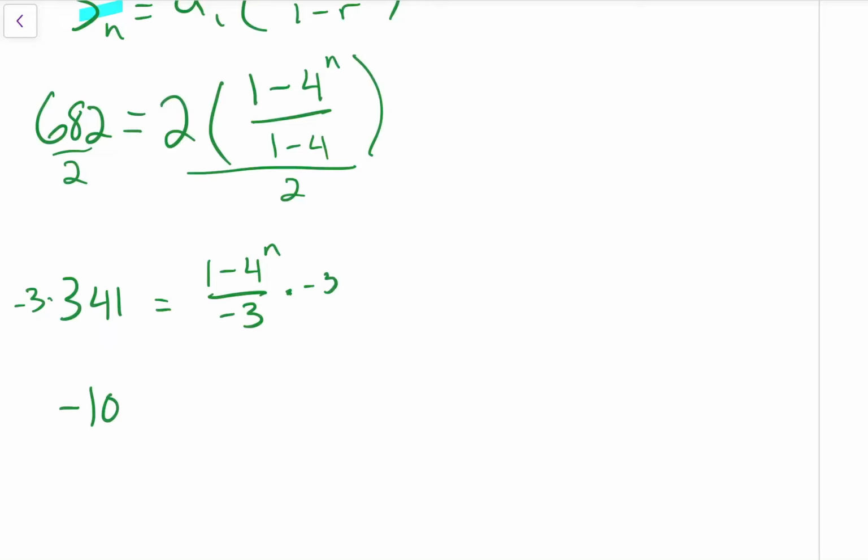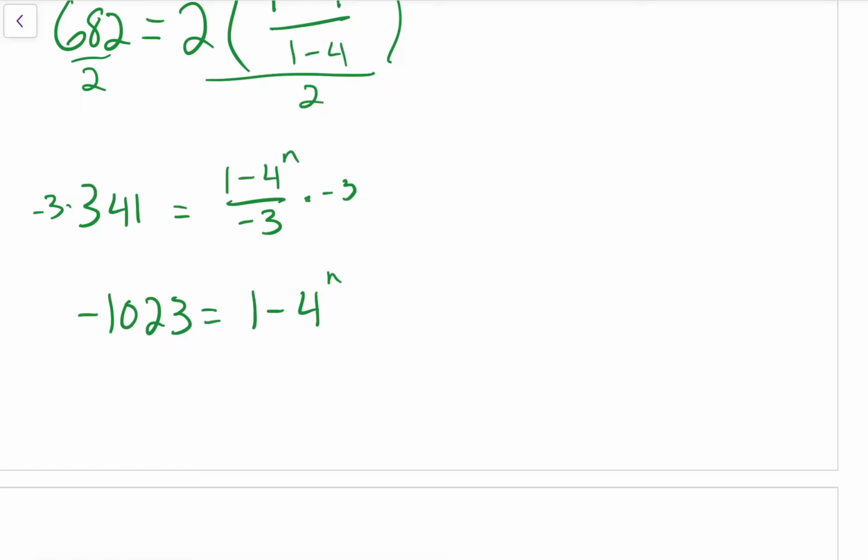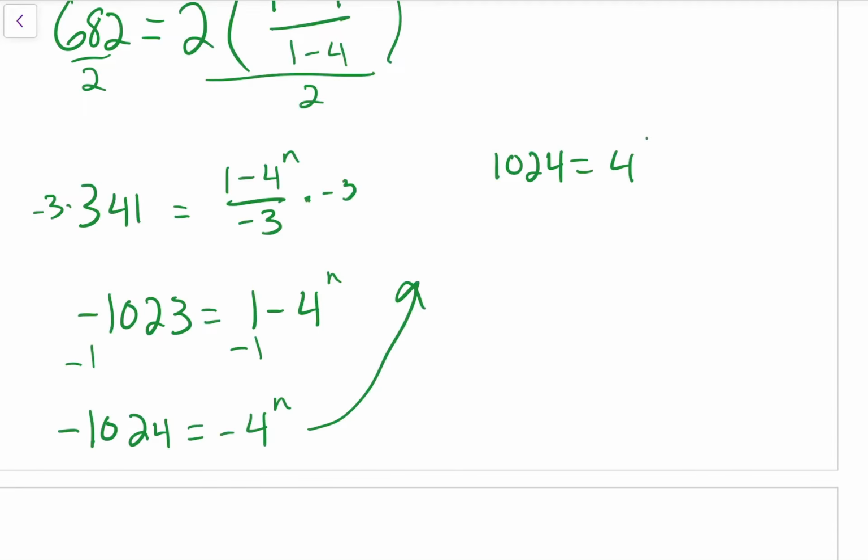So we get -1,023 is equal to 1 minus 4 to the n. Subtract 1, subtract 1. We get -1,024 is equal to -4 to the n. Divide by that negative, and we'll get 1,024 equals 4 to the n.